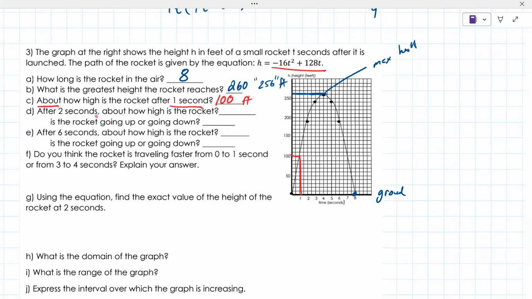After 2 seconds, about how high is the rocket? So at 2 seconds we go up, hit, let's say it's about 190 feet. Is the rocket going up or down? If it's going this way, it's rising, and it's going down when it's going this way, falling.